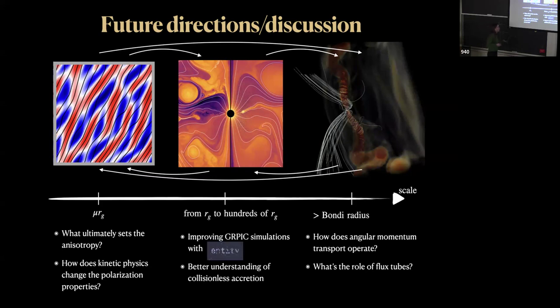On these scales, this is obviously a very toy model to compare the differences between fluid and kinetic approaches, hoping to go to larger scales with the new GPU-accelerated particle-in-cell code Entity that can help to develop this. But also just better understanding the collisionless accretion problem.